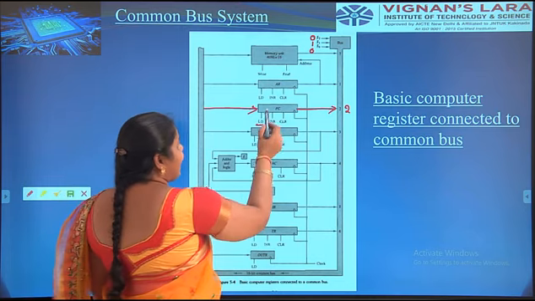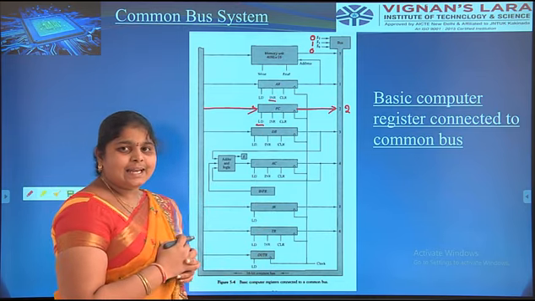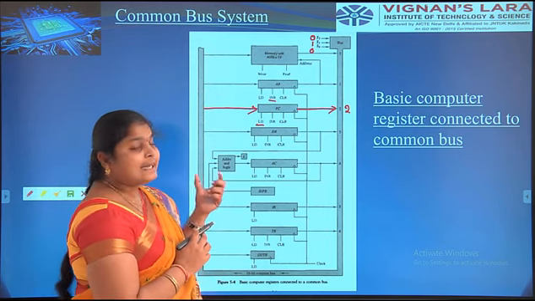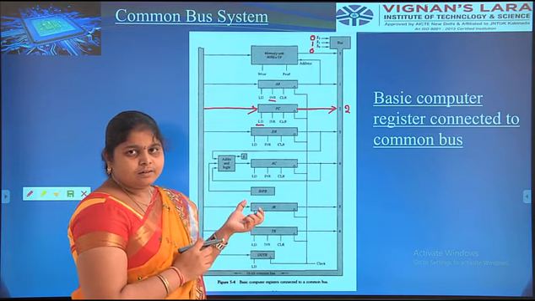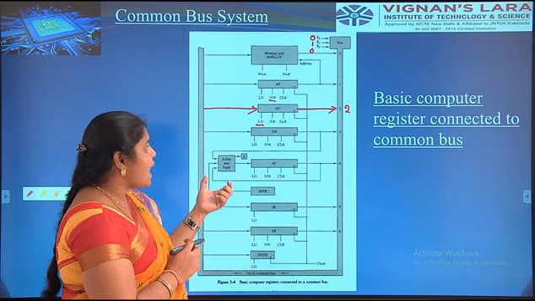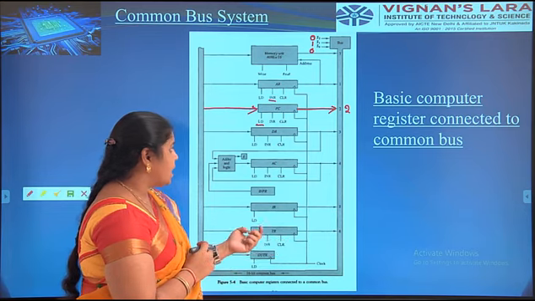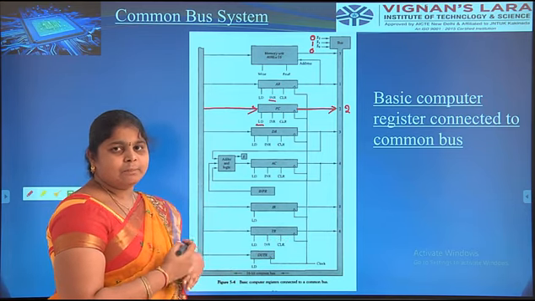Next, INR. What is the capability of INR? INR means increment. The content of that register can be incremented by 1. Incremented means the content of any register, AR, PC, DR, AC, IR, TR, can be incremented by 1.